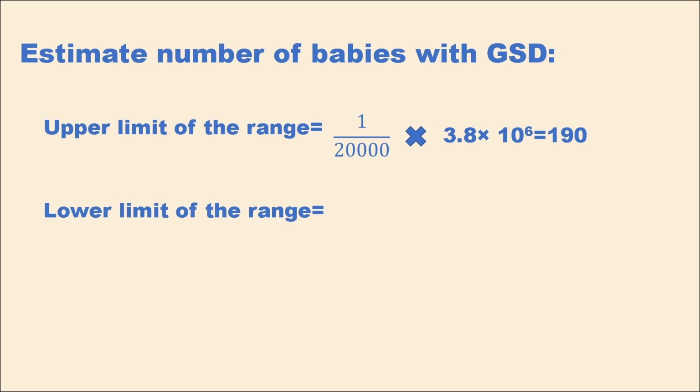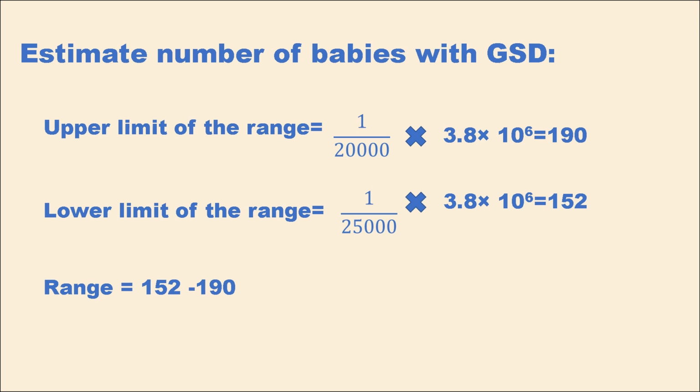Next, we find the lower limit of the range, which is 1 in 25,000. We calculate this as follows and it's 152. Thus the range for the number of babies with GSD is 150 to 190.